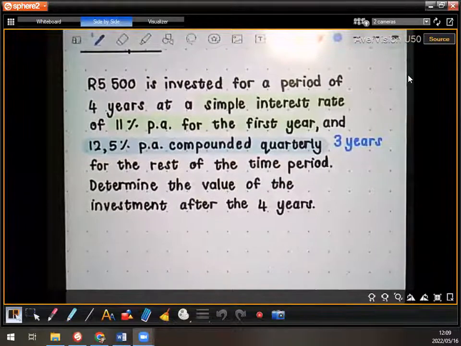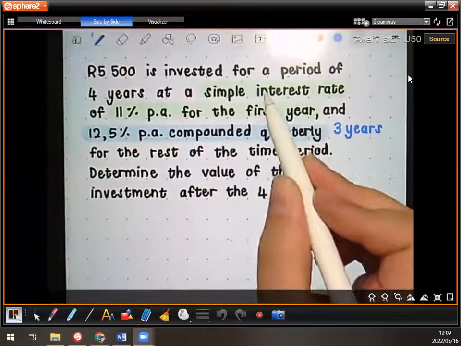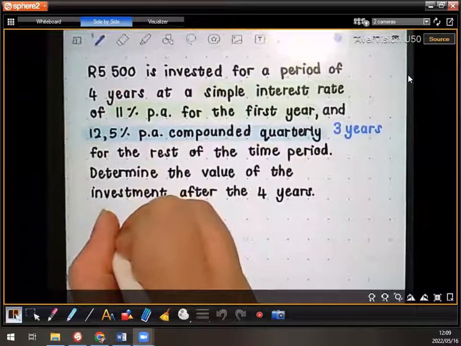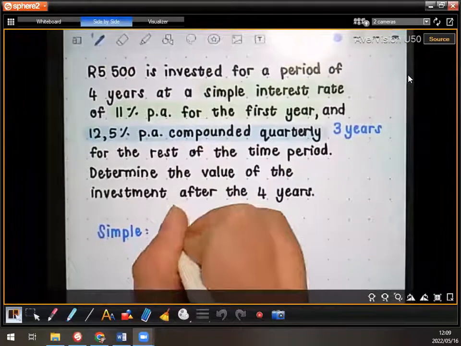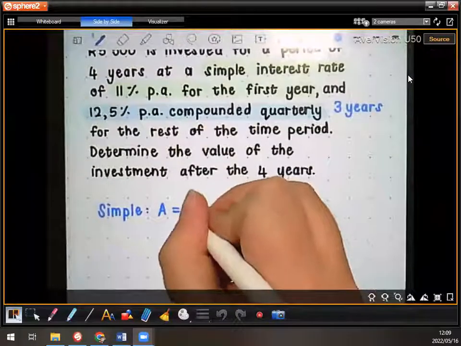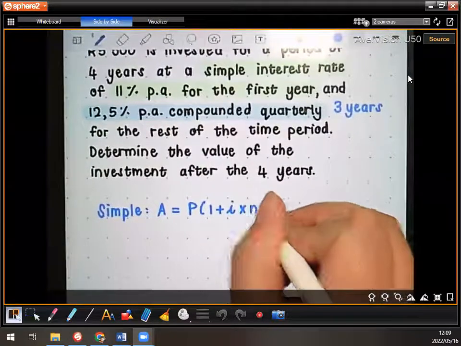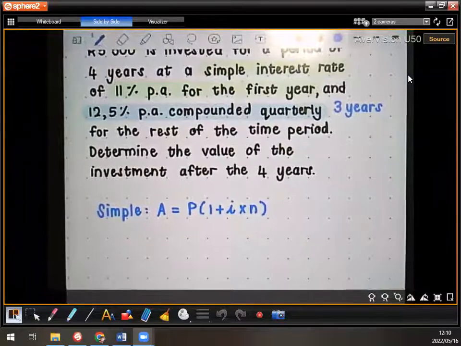And it's actually quite simple, guys. All you're going to do is use your interest formulas. The fact that it's a simple interest rate does complicate things a little bit, so let's remind ourselves of those formulas. Simple interest is A equals P bracket 1 plus i times n. That's the formula that we're going to use for the first bit.